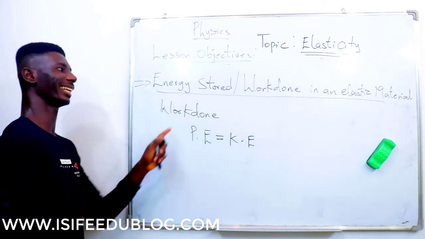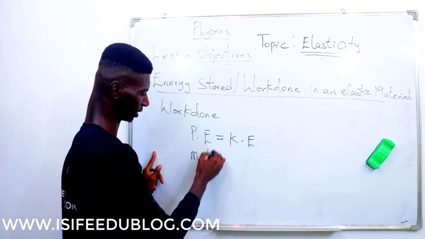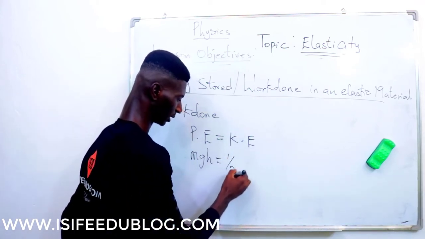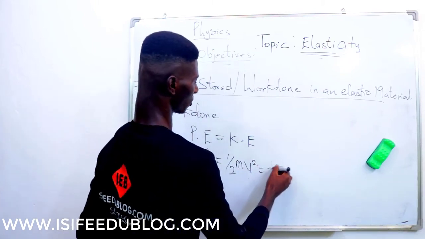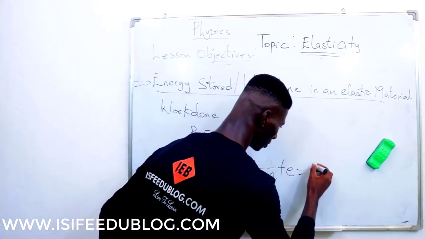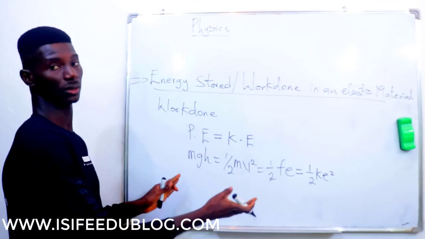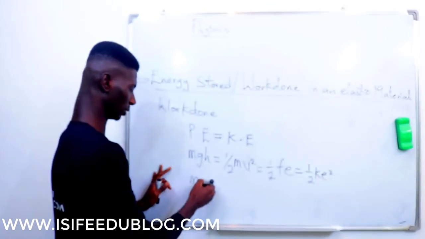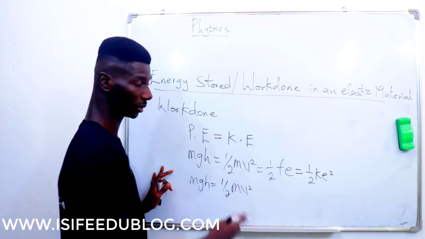So work done in an elastic material can also be written as mgh, which is potential energy, is equal to half mv squared, which is also equal to half Fe, which is also equal to half Ke squared. Now it depends on the question. All these energies are equal, so you can pick mgh is equal to half mv squared depending on the question.